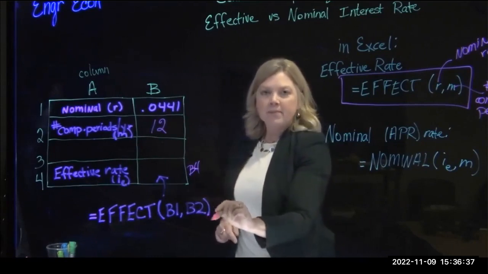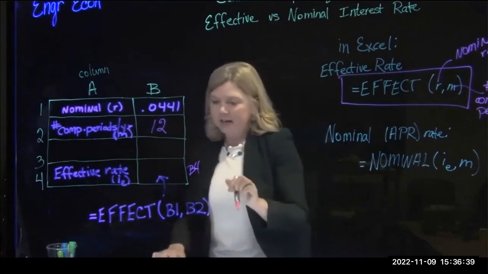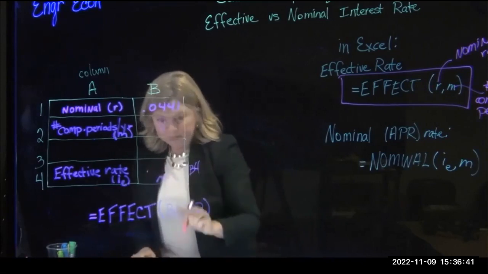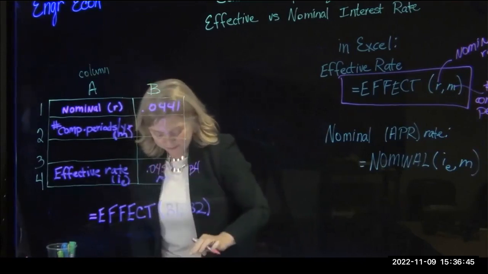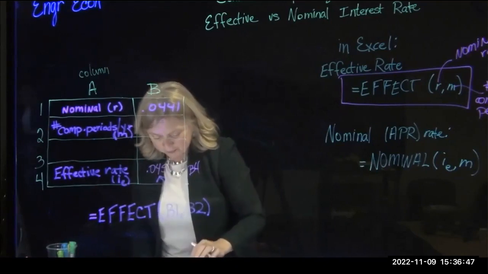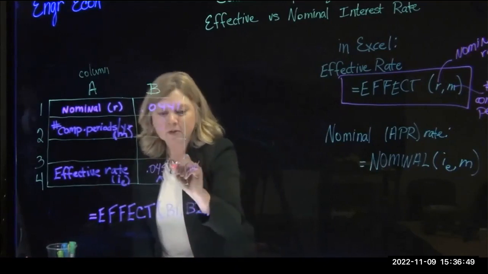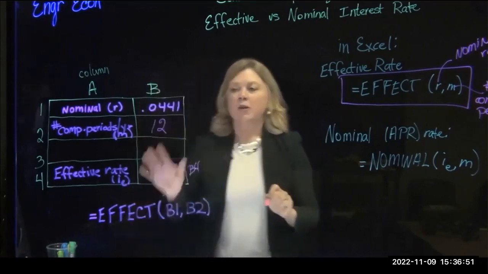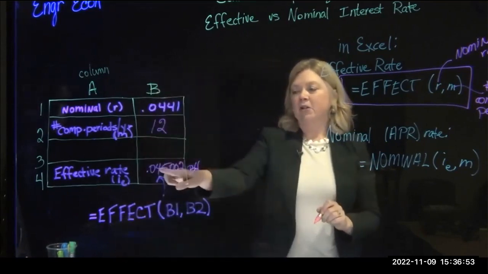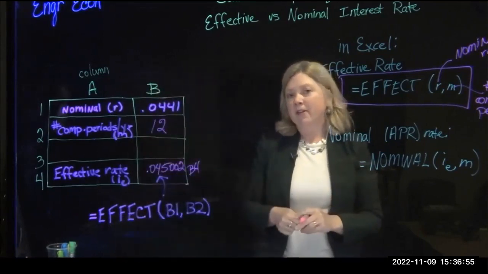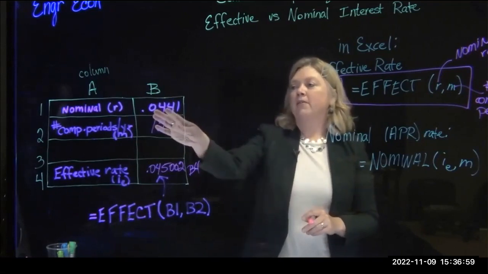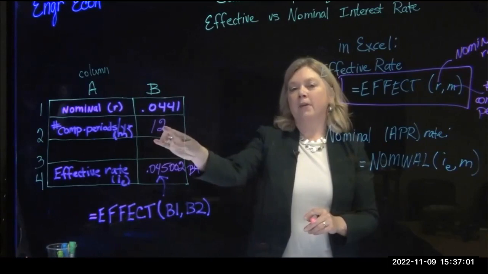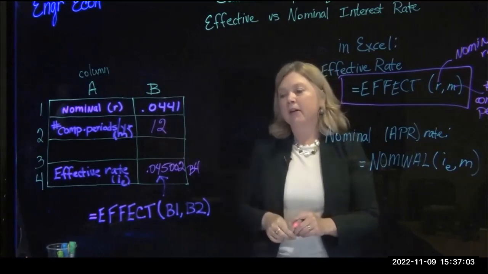Ending parentheses, push enter. The answer that should appear is something like 0.045002. You should come up with 4.5% effective annual interest rate, when the nominal rate is 4.41% and it's compounded monthly, 12 times per year.